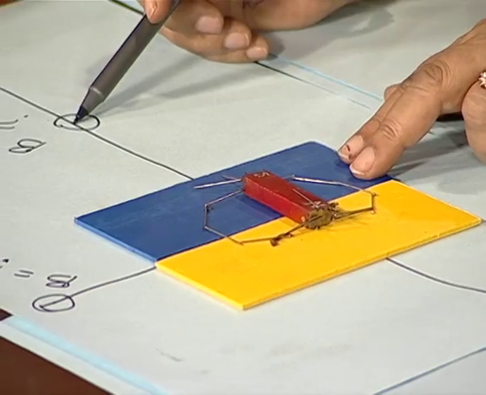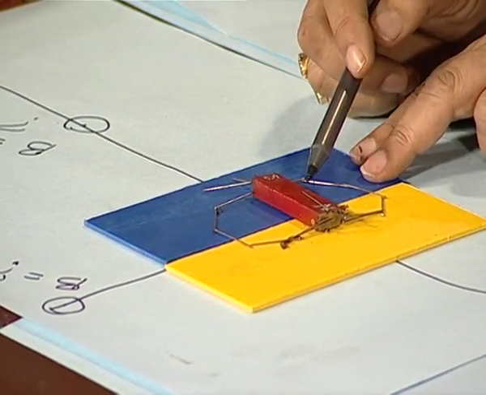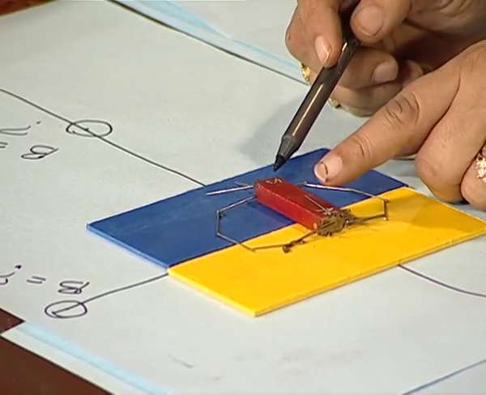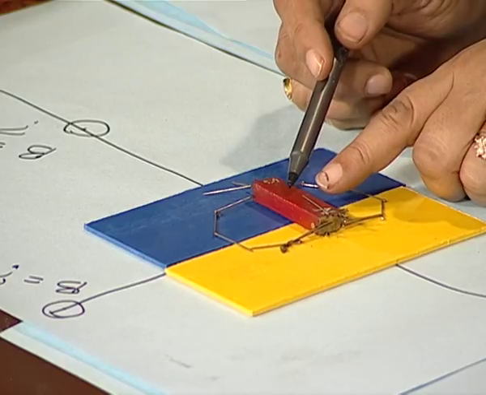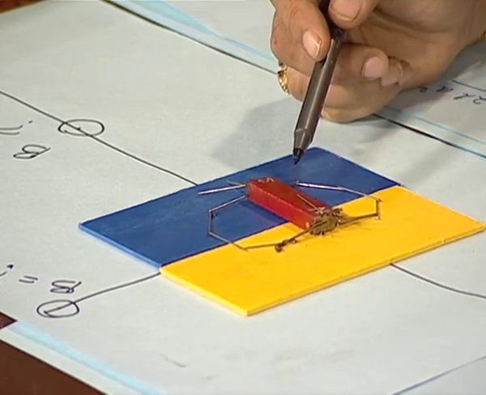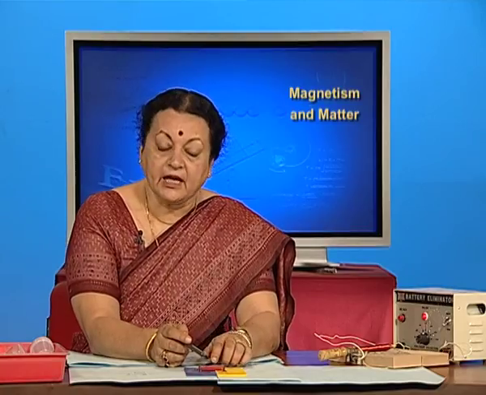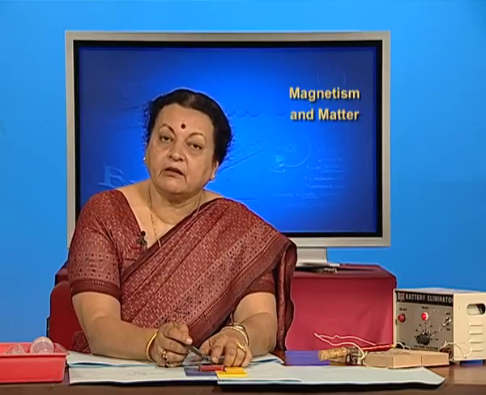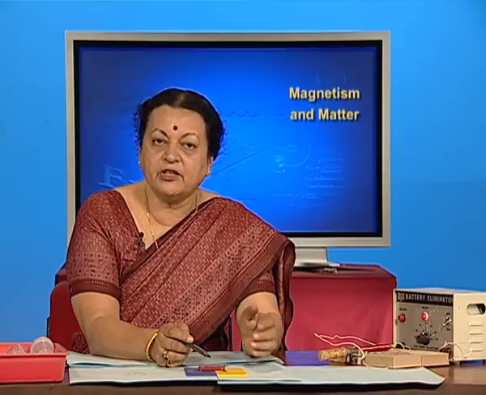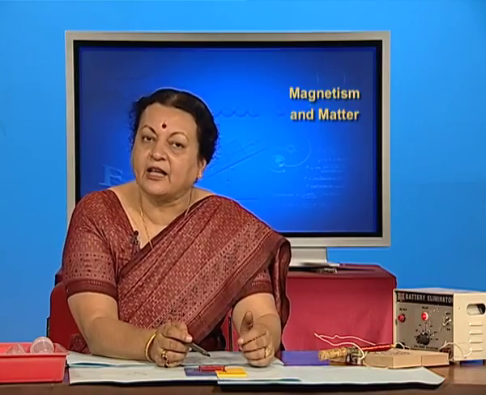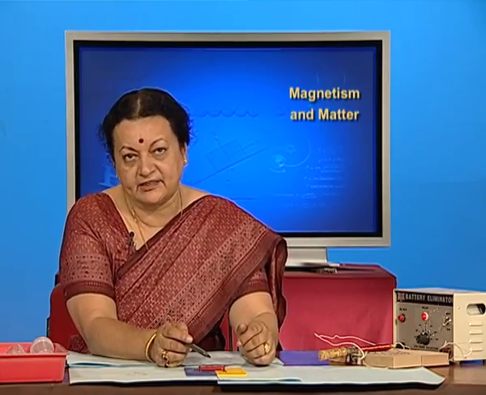That this point that we are selecting is at a distance which is much larger than the length of the magnet, as also the element that we considered for our solenoid is going to be very close to the center. So, our x value is very much less than r, and so is our L value less than r.